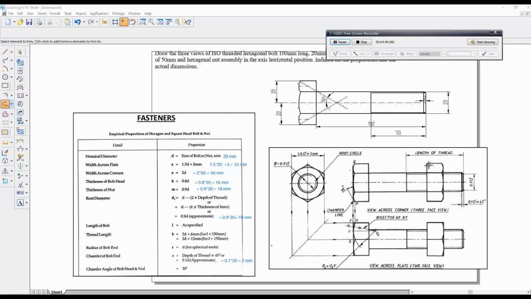Similarly we have to draw the nut head like this. While drawing nut head, the height of the nut head is same as the bolt, but when it comes to thickness, the nut is 0.9 times D, whereas bolt head is 0.8 times D. It becomes 16 mm, but here nut head is 0.9 times 20, 0.9 times D, 18 mm. Anywhere on the thread I'm going to draw a nut.